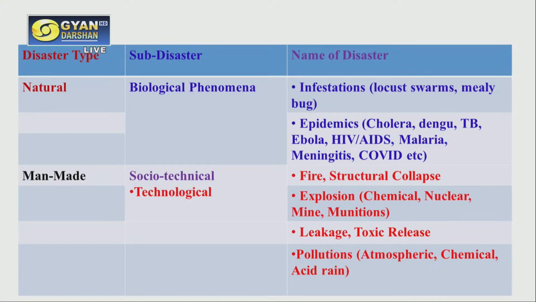Then another one is pollution. Pollution is caused by different human activities. If human beings stop doing those things, then pollution will not be there. And we saw that very well during COVID.